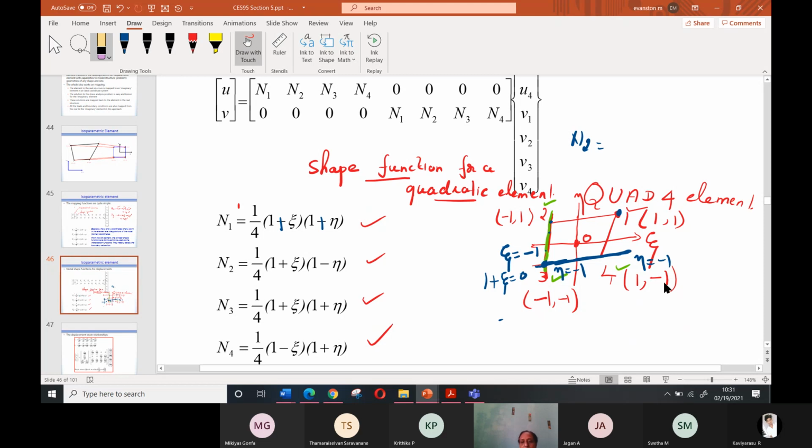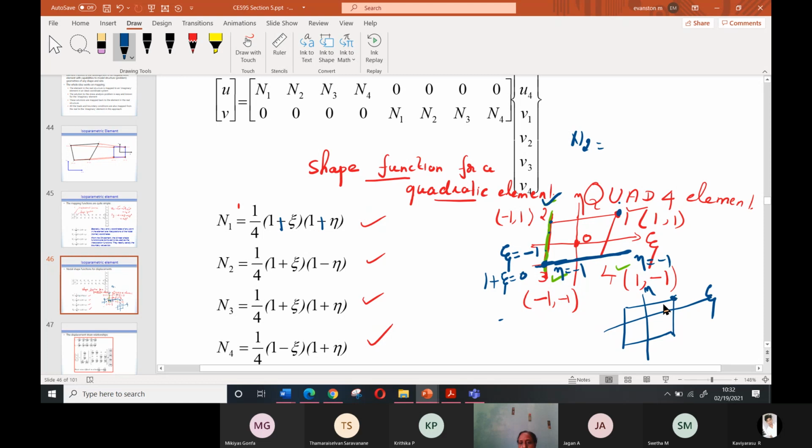So N2 is this value. So find out the value of C first. N2 means N2 is equal to 1, and you have to cover all the other nodes, that is 1, 4 and 3. So you have to cover, once again, if I draw like this, that is eta, this is Xi.